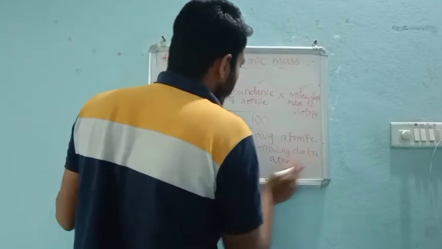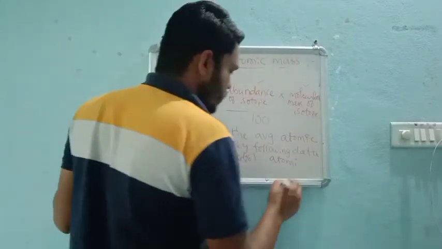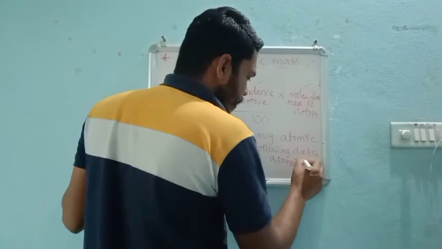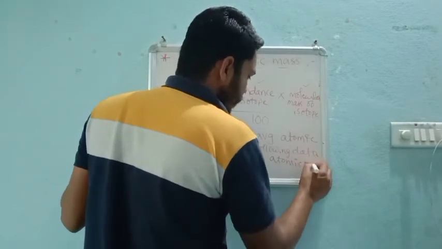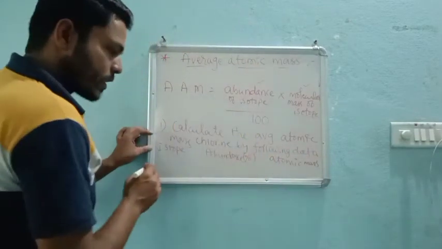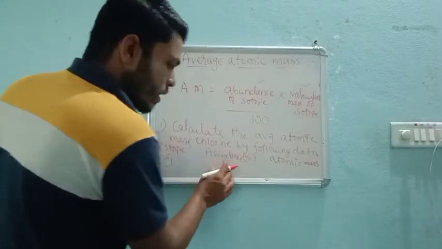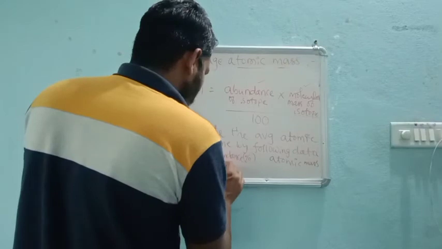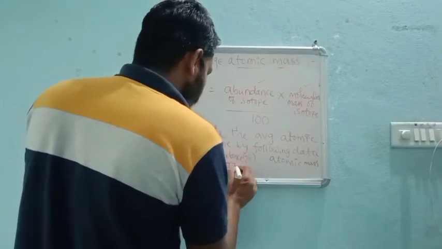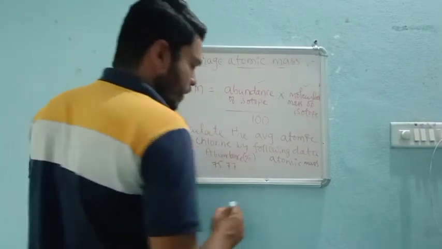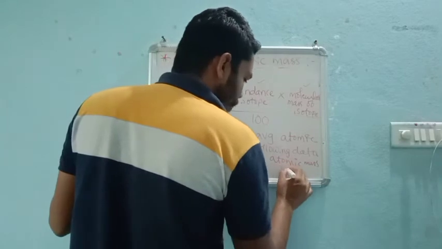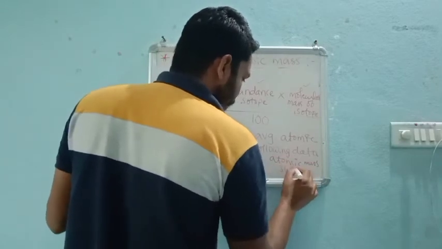You just need to substitute the values and get the result. The first isotope is Cl35, whose abundance in nature is more, 75.7%, and its atomic mass is 34.96.